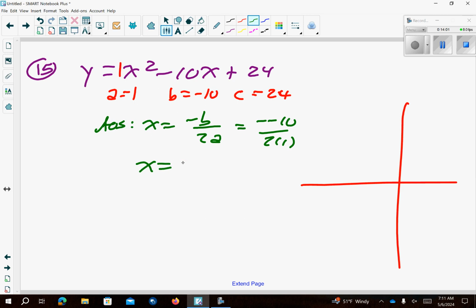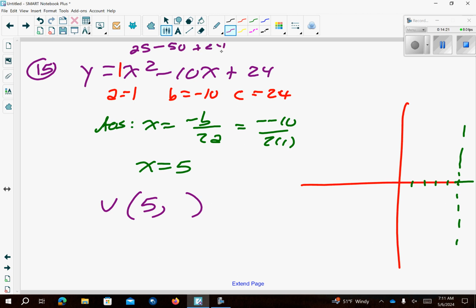So axis of symmetry is 5 because 10 over 2 is 5. My vertex, I'm going to plug 5 in. So 5 squared is 25 minus 50 plus 24. So that's going to come out to negative 1.